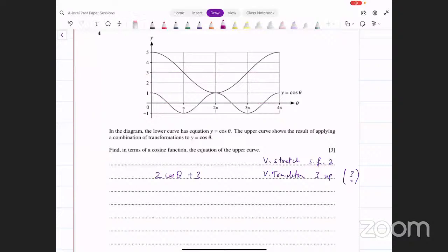Think about what's happening horizontally. Originally the graph is completing one cycle in 2 pi and then another cycle in the next 2 pi. तो टोटल आपके 2 cycles आ रहे हैं.